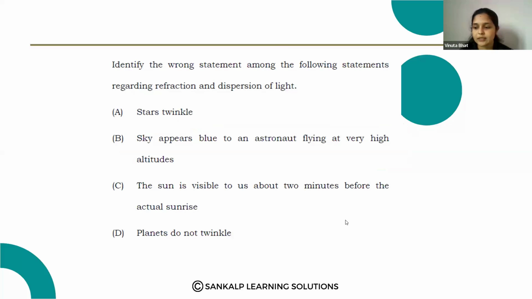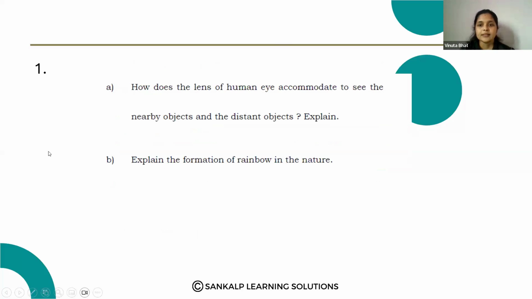Okay, let us move to the next question. How does the lens of the human eye accommodate to see nearby objects and distant objects? Explain. Then explain the formation of a rainbow in nature. Please write down the question. After that, we are going to discuss the answer for this question. This is a 4-mark question.